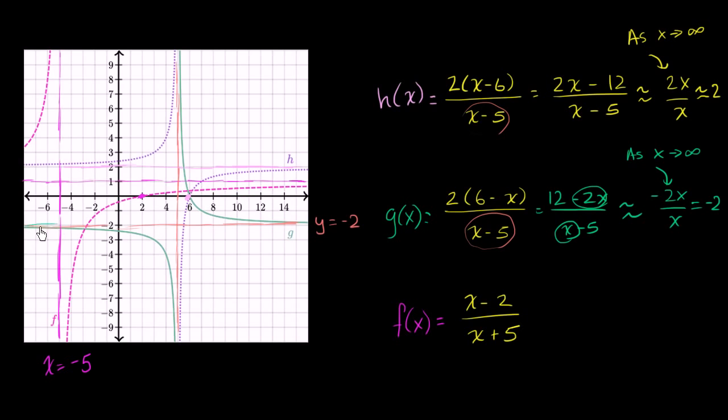And that is indeed where g's horizontal asymptote is. As x gets very large, we approach negative 2. Or frankly, as x gets very small, we're also going to approach negative 2. Negative 2 times a negative billion over a negative billion is also negative 2. So we can feel pretty good that this is our g of x.